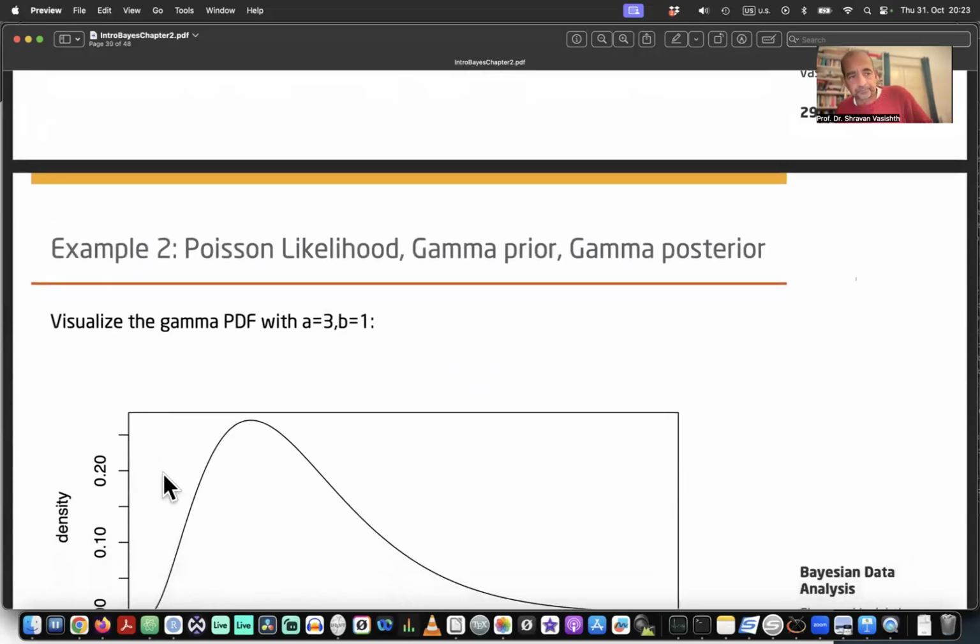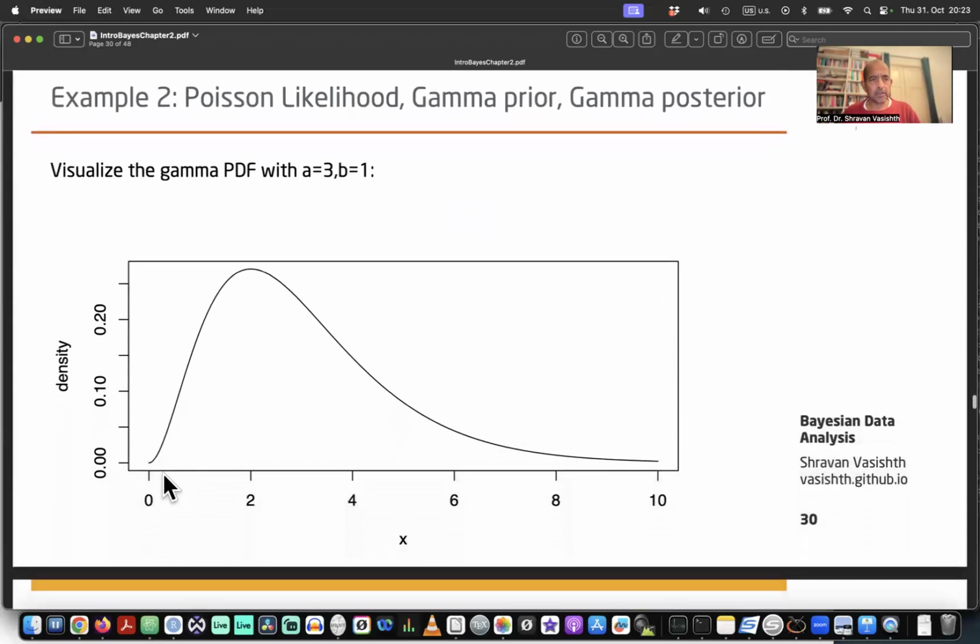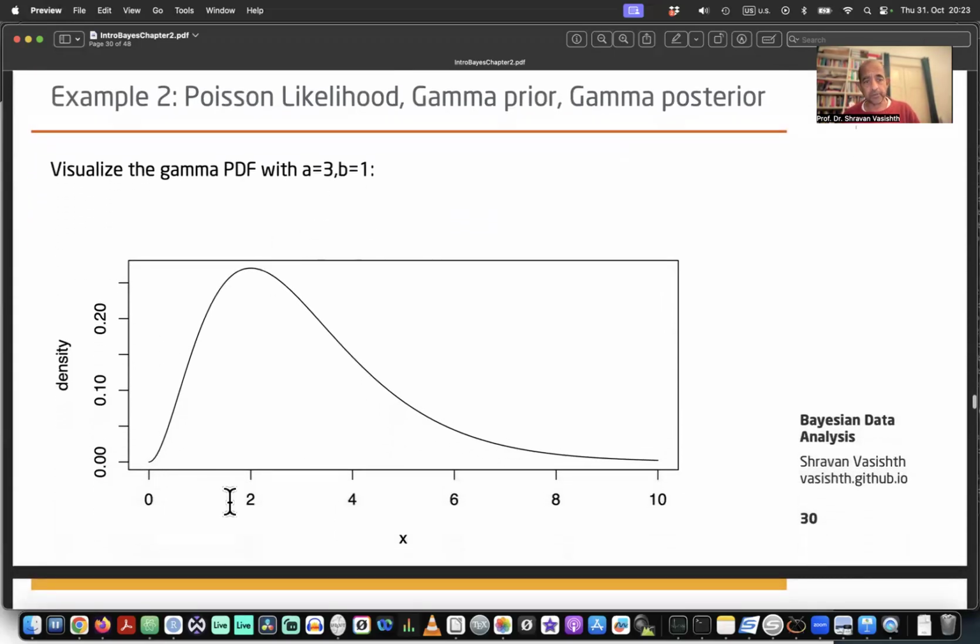So here's the visualization of the gamma PDF for A equal to 3, B equal to 1. You can see that it peaks around here, around 2 or so, and it's got a long tail to the right. This could represent your belief about plausible values of the lambda parameter for the total regression counts that we are trying to model, right? So this may not be a crazy prior distribution, actually.